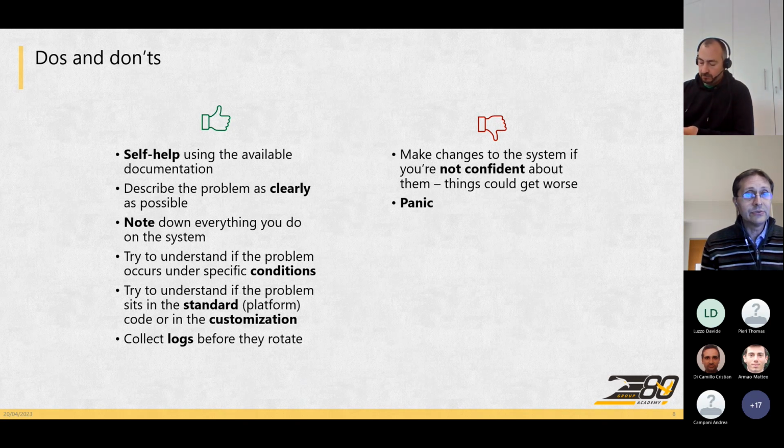Then try to pay attention to any specific conditions that could cause a problem. Sometimes there are problems that are systematic, that happen always at the same time, in the same way, so it's very easy to reproduce. Sometimes it is not. So it's important to understand which conditions trigger the problem, if possible.